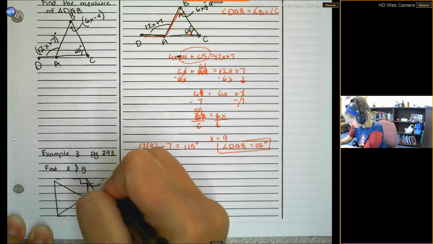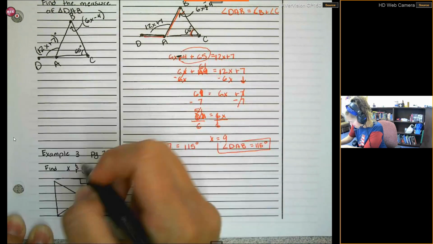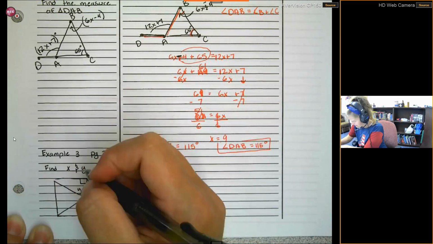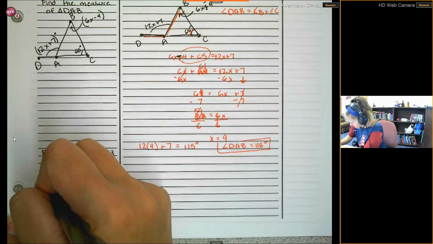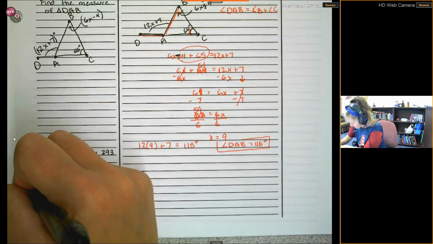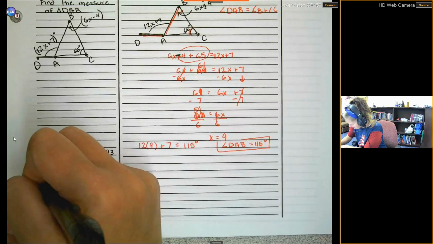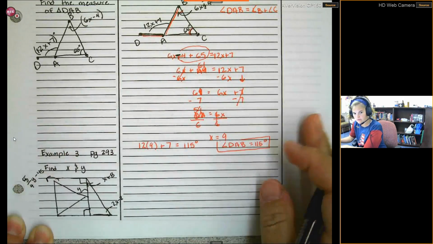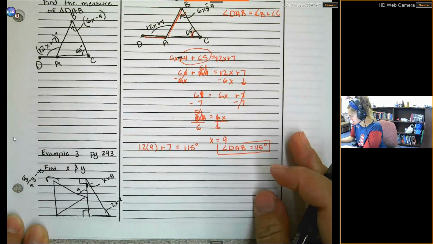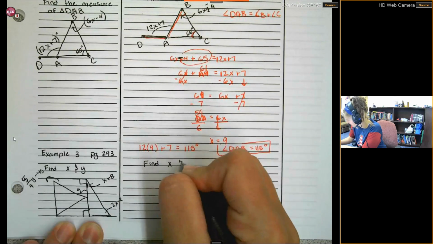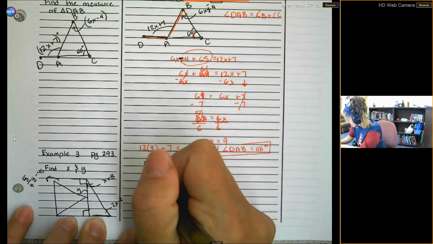This one is x plus 8. This is y. And this is unfortunately 5 over 4 y minus 45. Okay, and I'm going to put it over here. So find x and y.